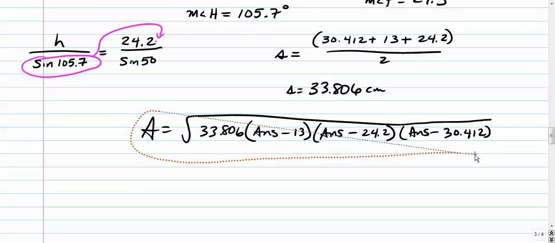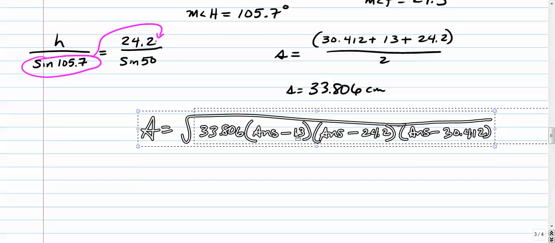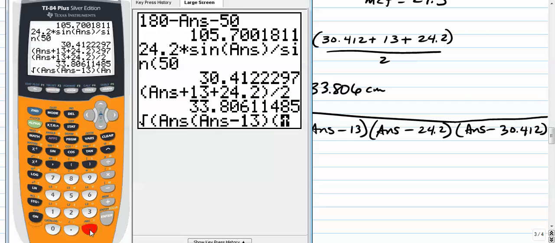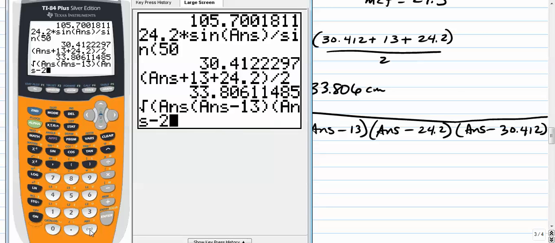Let me see if I can smooth this over just a little bit so I can see what I'm doing here. All right, so I've got big square root, semi-perimeter, which is the answer, open, answer minus 13, close, open, answer minus 24.2.